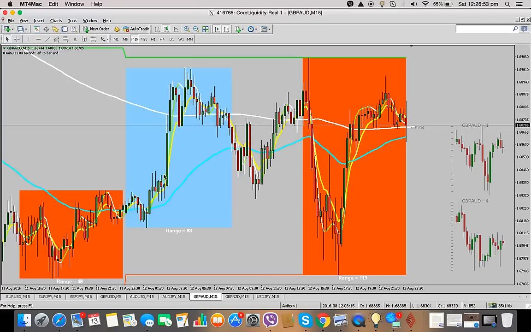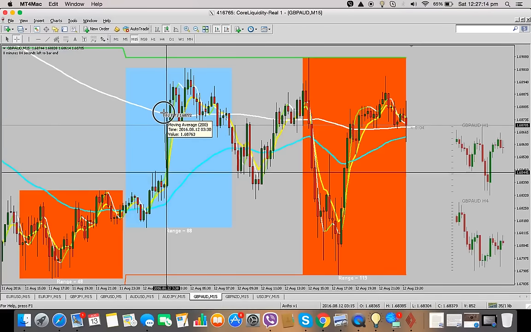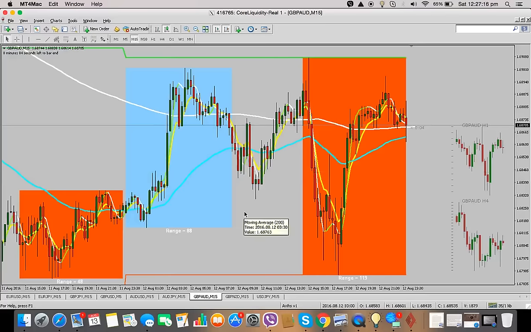Your trade, if you would have taken it, possibly would have been after this pull. You could have taken it in any of these candles here. I probably would have jumped in somewhere here, and the market started to push back up again, right? So say, for instance, you did from here till about here, which is the 200 EMA, that's about 30 pips. I would have been really comfortable with that.